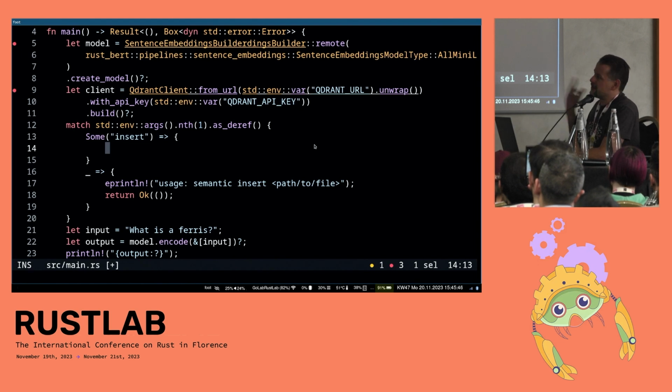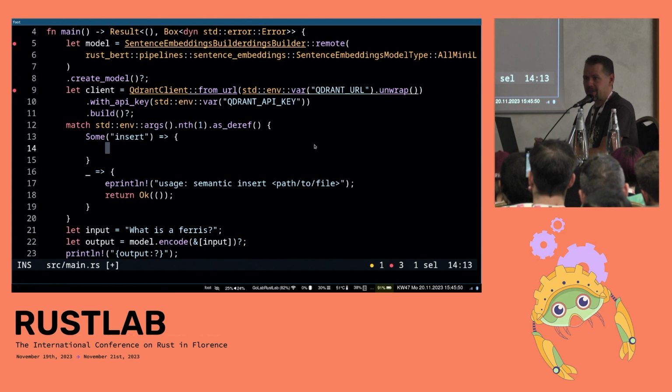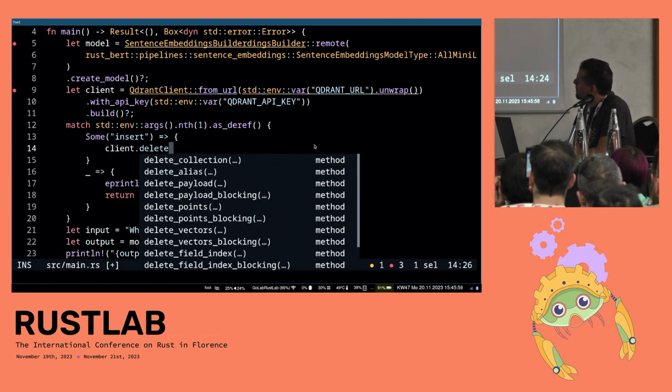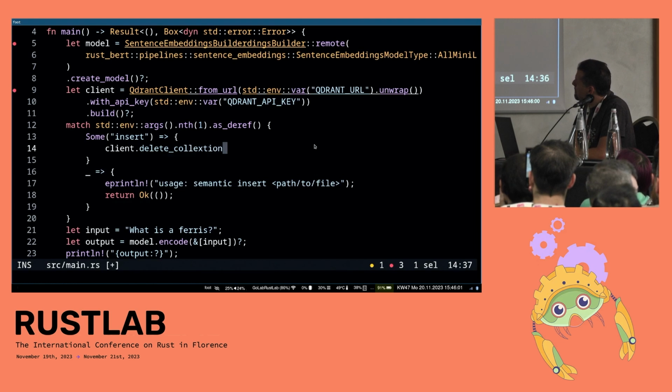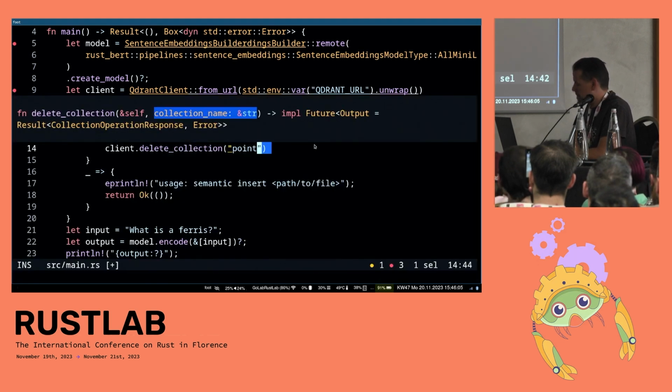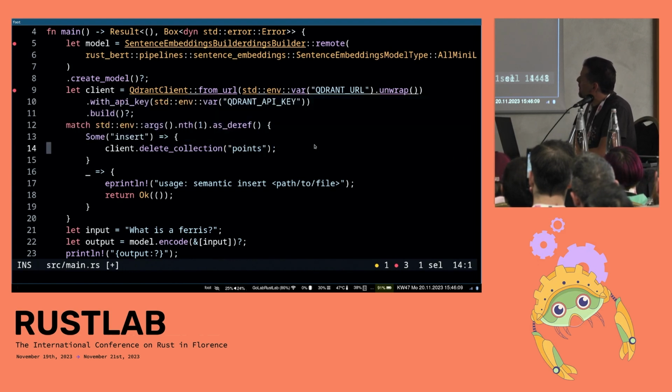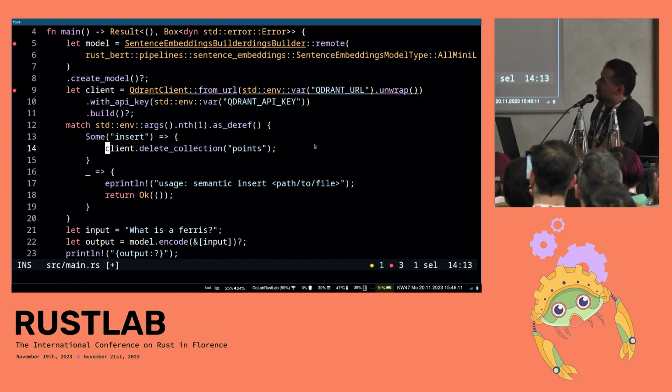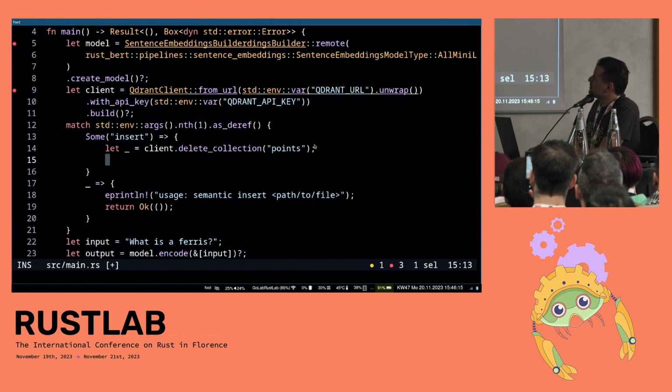Okay, so first, I already have created the collection, but I want to recreate it here because I tried this out this morning. I'm not taking the return value here because I'm not interested in if that works.